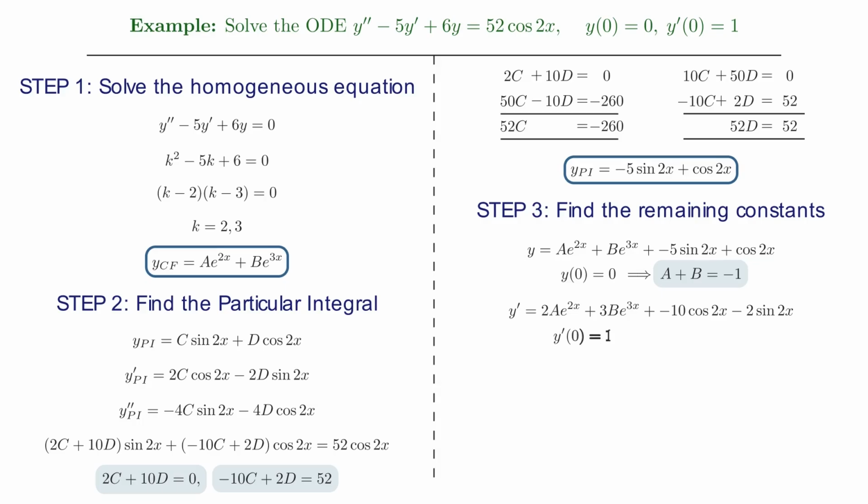So substituting x = 0 and y' = 1, this will give us that 1 = 2a e^0 + 3b e^0 - 10 cos 0 - 2 sin 0. Again, the sine of 0 will vanish. The cos of 0 is 1, which will leave us with the -10. The e^0 is 1, so this will all simplify down to 2a + 3b = 11.